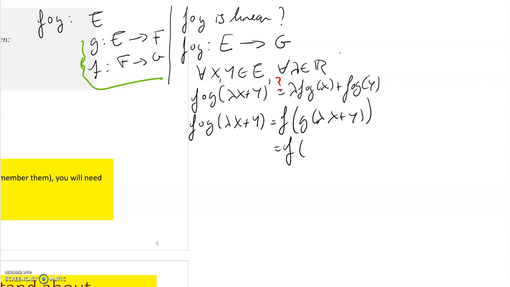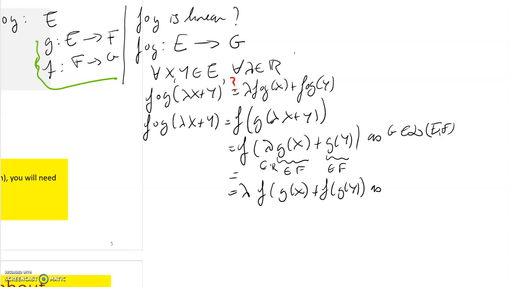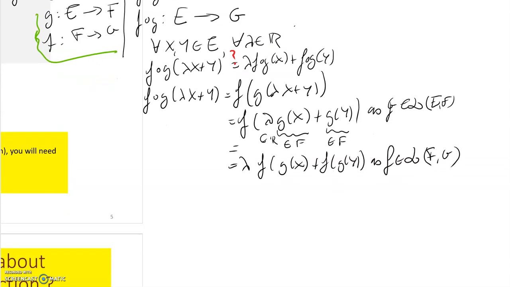G being linear, it's going to be lambda G of x plus G of y, as G belongs to the set of linear maps from E to F. And then we use the linearity of F itself, and it's just going to be lambda times, so that's an element of F, that's an element of F, that's a real number, so I can just directly use linearity of function F, lambda times F of G of x plus F of G of y, as F belongs to the set of linear maps from F to G. Okay, so this is it.